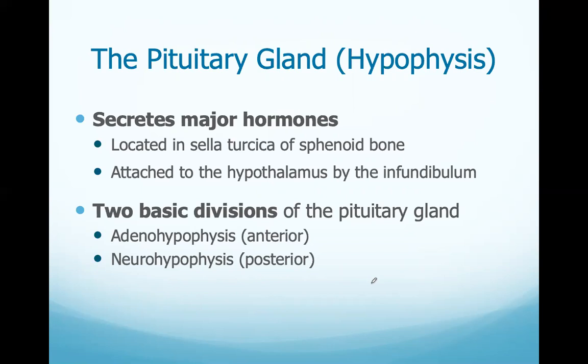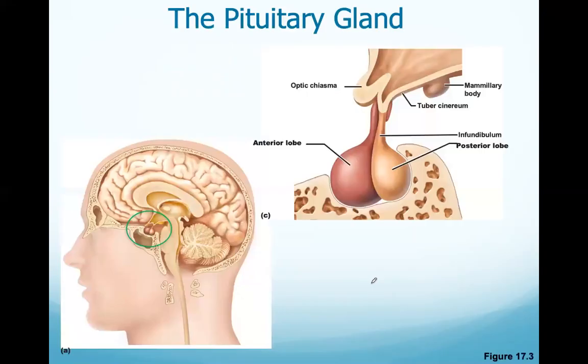The pituitary gland itself, and I'm going to show you this on a picture, is broken down into two lobes. You have your anterior lobe and you have your posterior lobe. And again, here is your hypothalamus on the top, and the connection between the pituitary gland and the hypothalamus would be your infundibulum.